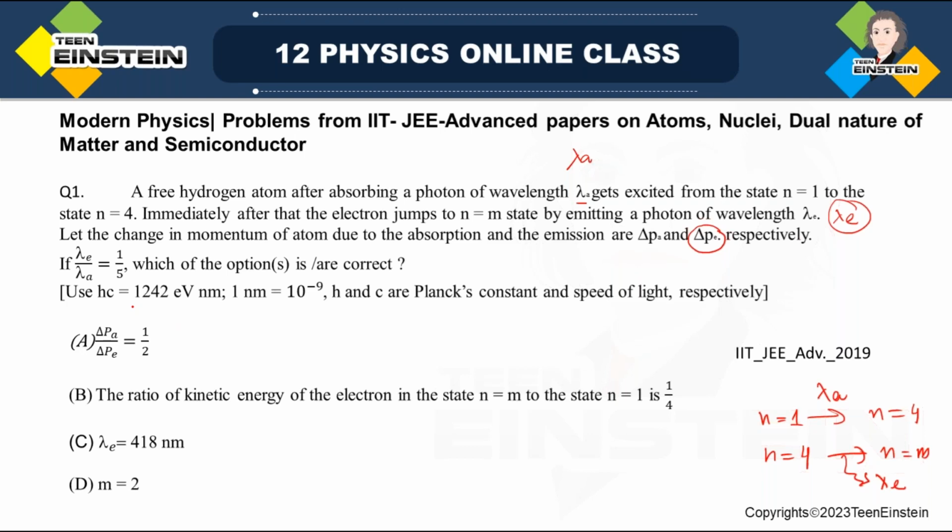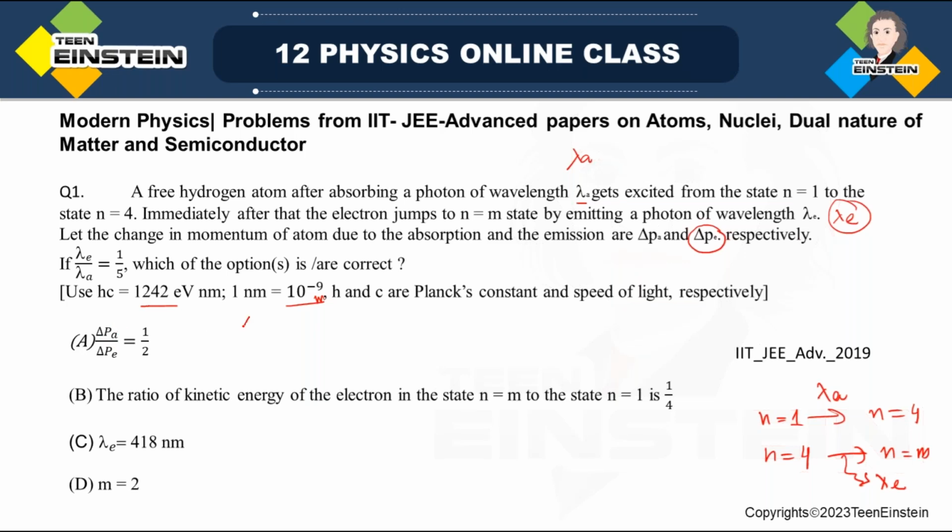And here hc is given as 1242 electron volt nanometer, where nanometer is 10 to the power minus 9 meter, and h and c are the conventional Planck constant and speed of light respectively. So you have to see the options.